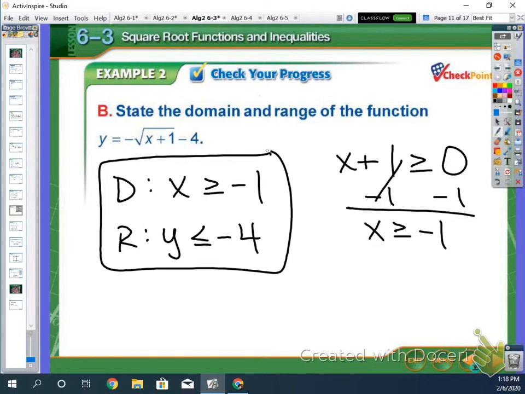So like I said, you want to consider if this is 0, right? Negative 0 minus 4 is negative 4. So that's how you know that's negative 4. If you're confused about the sign, think about your square root as it starts at 0 and then it becomes positive and more and more positive.